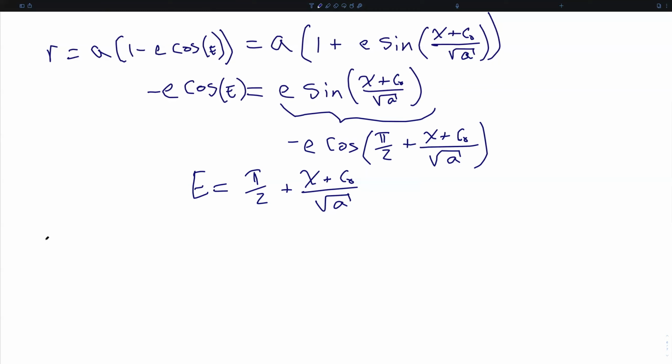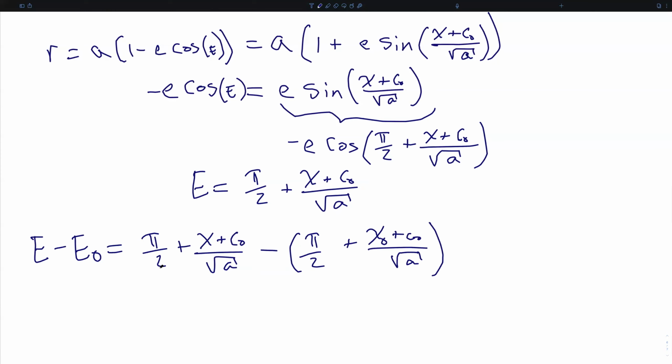This means that if we look at the change in eccentric anomaly between a time t naught and a time t, we have pi over 2 plus chi plus c naught over root a minus quantity pi over 2 plus chi naught plus c naught over root a.